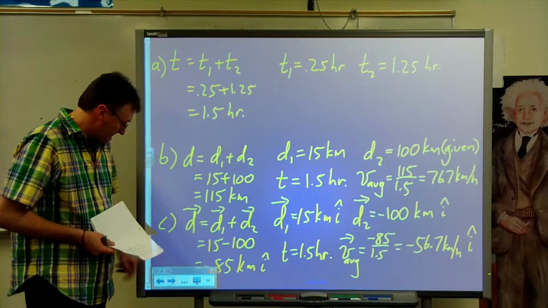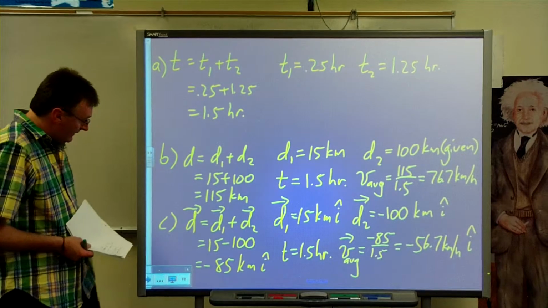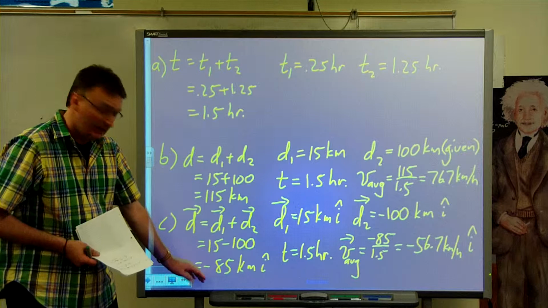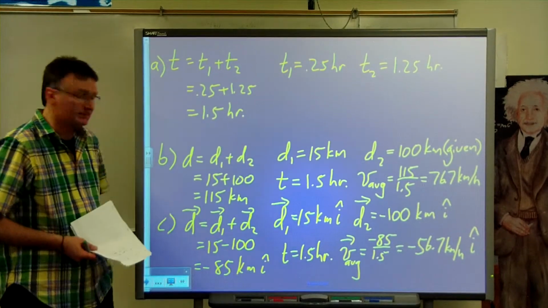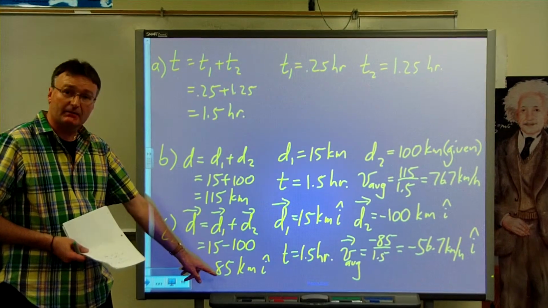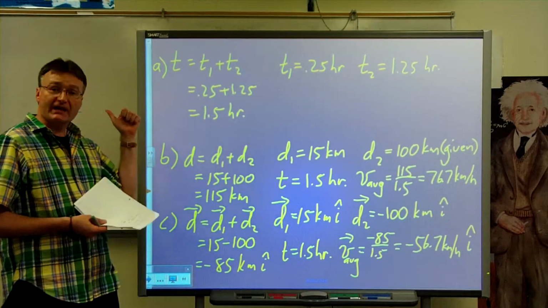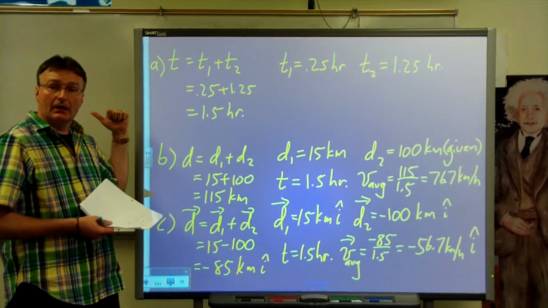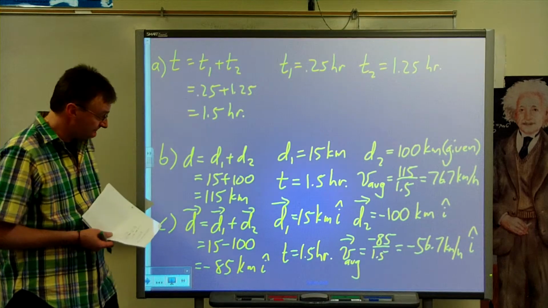So therefore the total, or the final displacement vector, is minus 85 kilometers in the I direction. All right, so its final displacement is a negative number. So, in other words, from its starting point, it ended up west of where it started from. So its final position was to the west of where it started from.